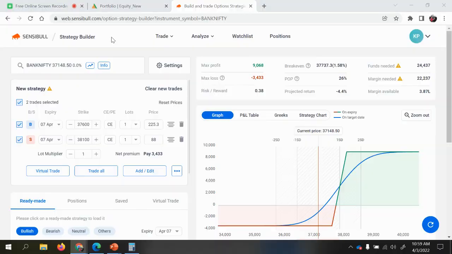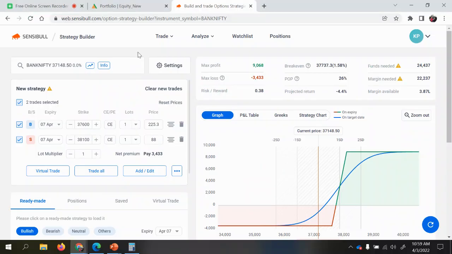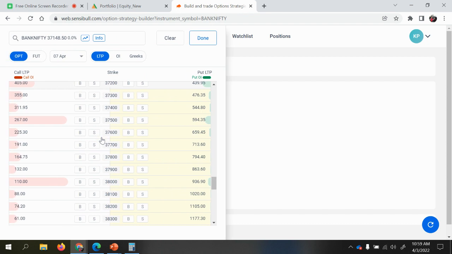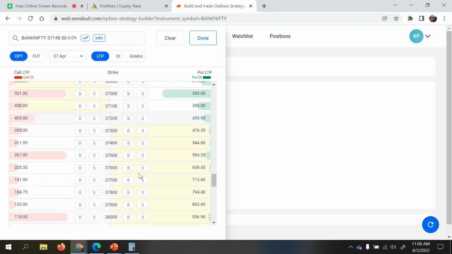Let me take you to the first example: what will happen if I buy one ITM and sell the ATM. I'll clear the trade here. My Bank Nifty stands at 37,148.